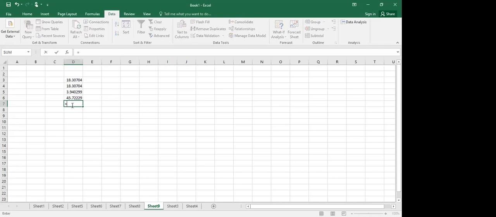Now let me do the lower value. It's still chi-square inverse, 0.025. You will see that I am typing almost the same thing, but with different results.